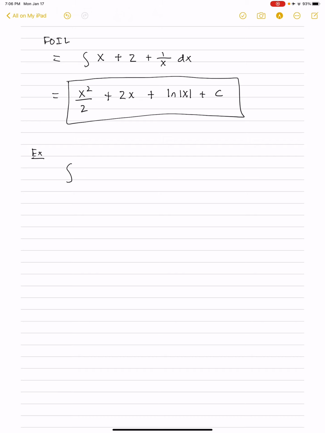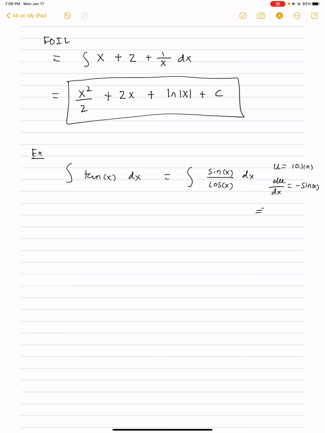Suppose we're asked to integrate tangent of x. Well, we need to remember that tangent is sine of x over cosine of x. Okay. Then I'm going to substitute u as cosine of x. du over dx is the derivative of cosine, which will be minus sine of x.